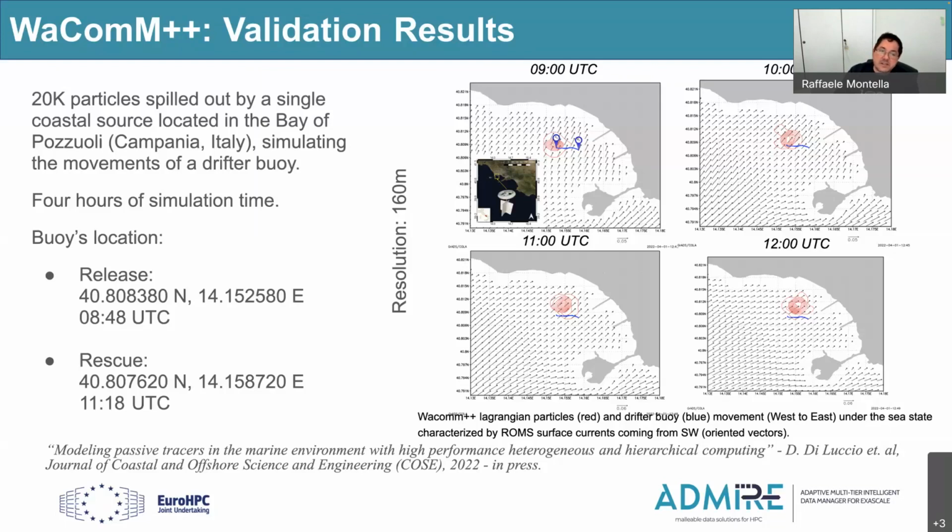As you can see in the four pictures, the blue line is the true one, and the red lines are the distribution of the particles released for the test. And as you can see, the match is quite good.